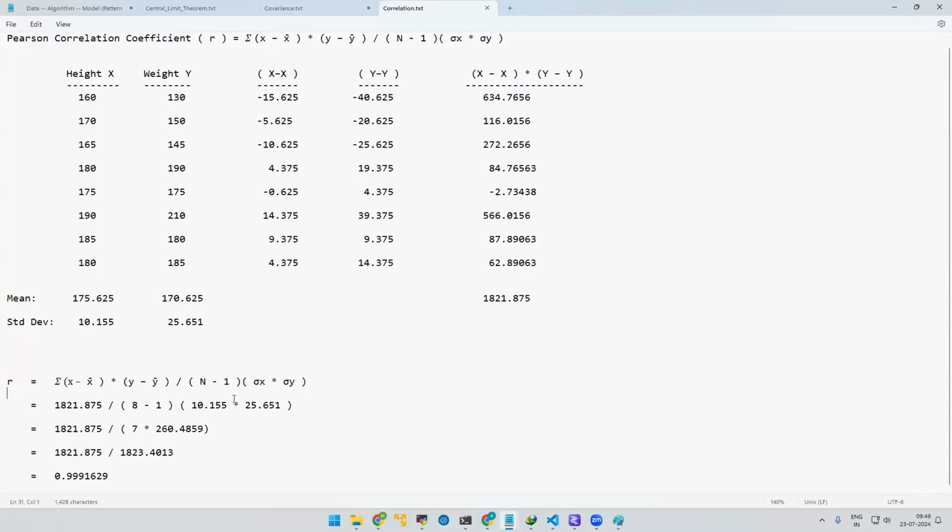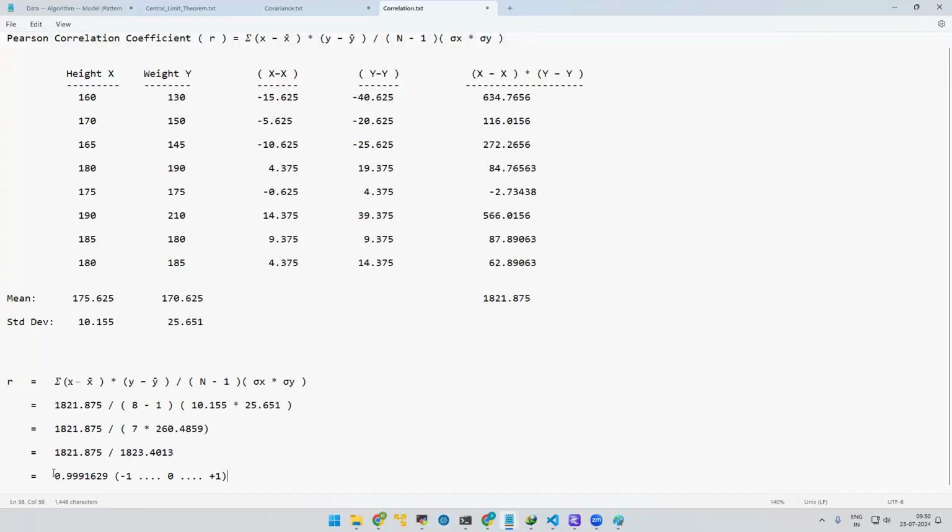Basically, what are we trying to calculate? We are trying to divide by standard deviations. When we divide by standard deviation, we get a value between -1 to 0 to +1.